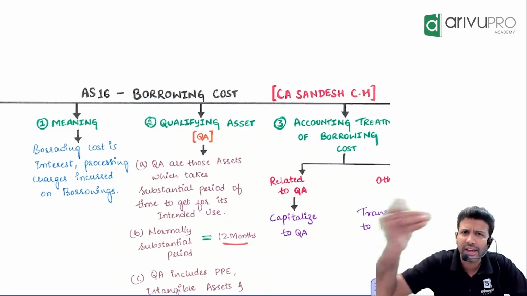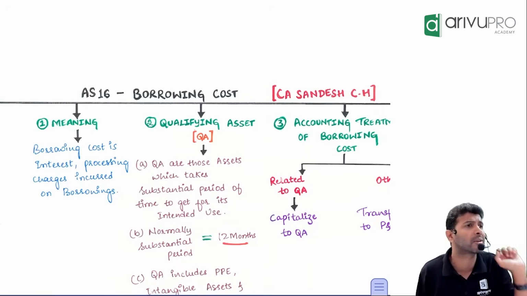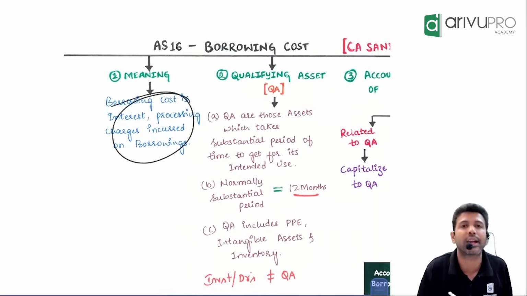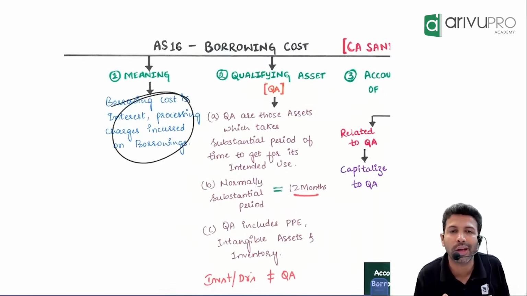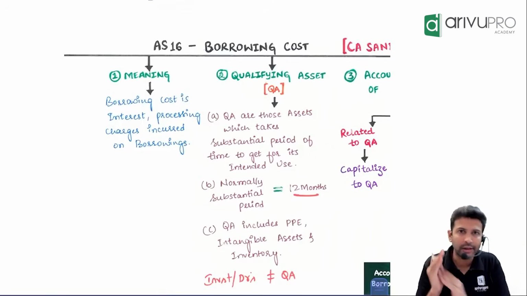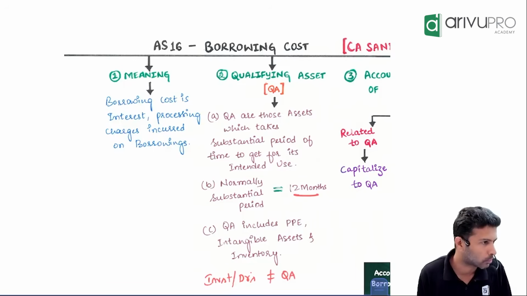There are interest charges, and normally when the bank processes your loan, they charge something called processing charges. Those interest charges and processing charges are referred to as borrowing cost. What should be done for that borrowing cost is what the guidance AS16 is trying to give. That's all as a scope.